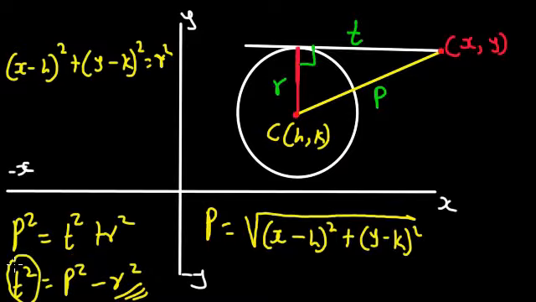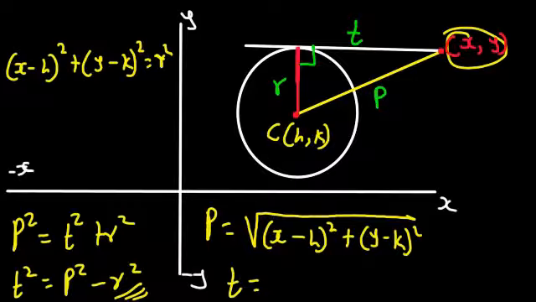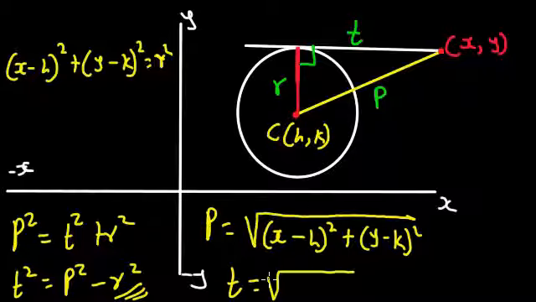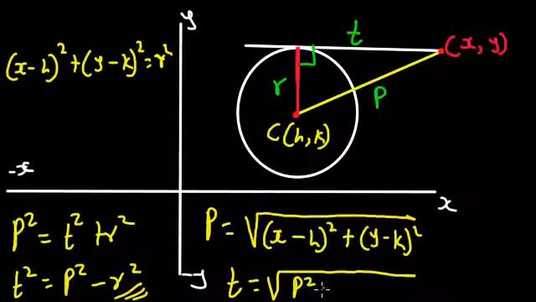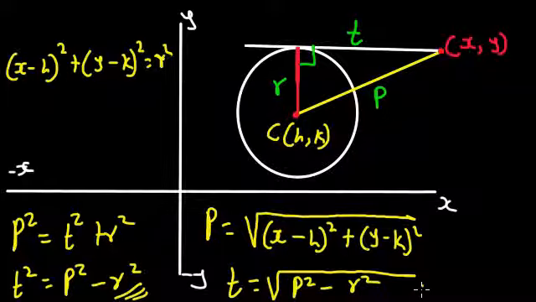That gives you the length squared of what you are looking for. Then at the end of the day, just find the square root of your answer and boom, you are good to go. So technically, the length of the tangent line to the circle from x, y would be the square root of p squared minus r squared. And that is how to find the length of the tangent line.